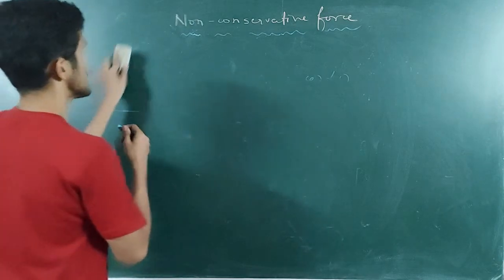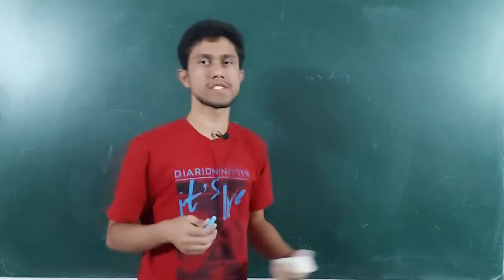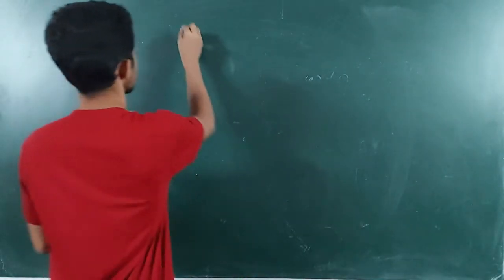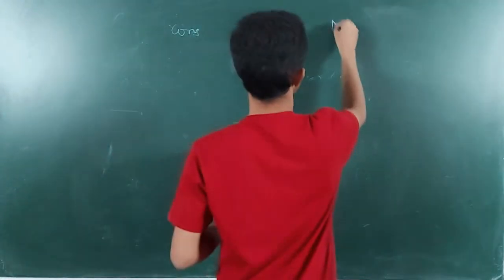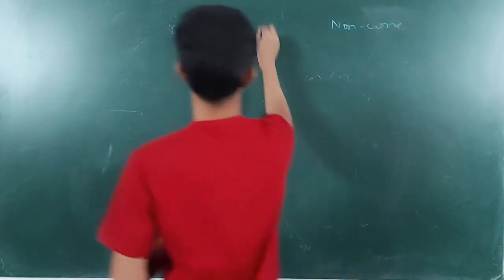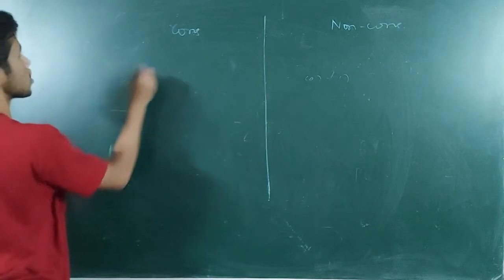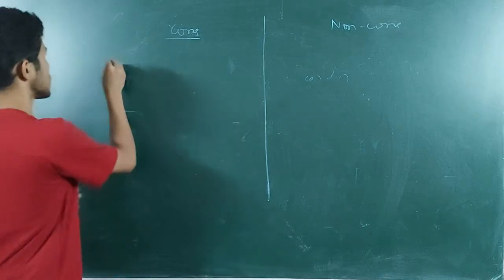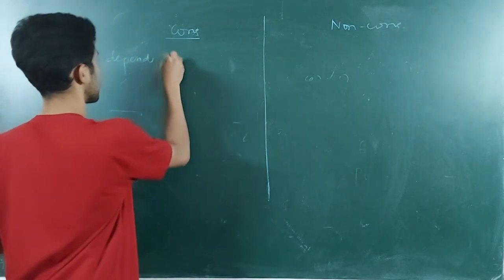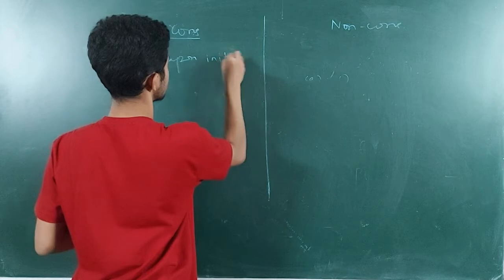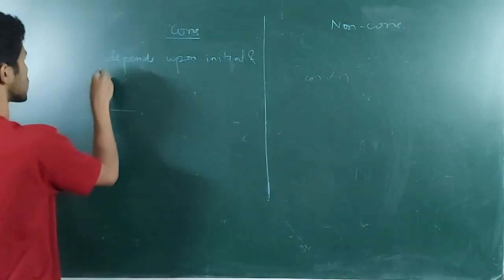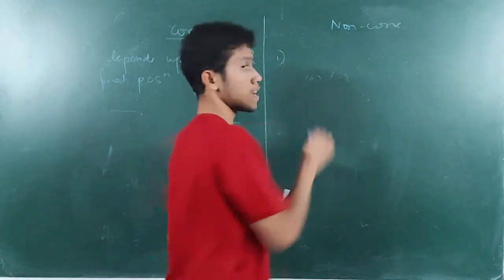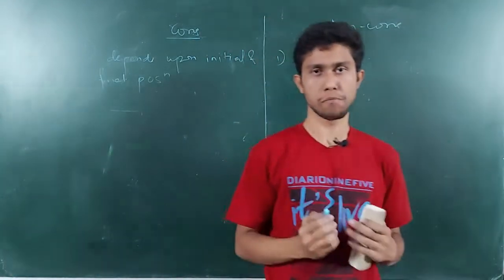Okay, now we'll find out the difference between the conservative and non-conservative forces. So in a conservative force, the first point is that it depends upon the initial and final position.